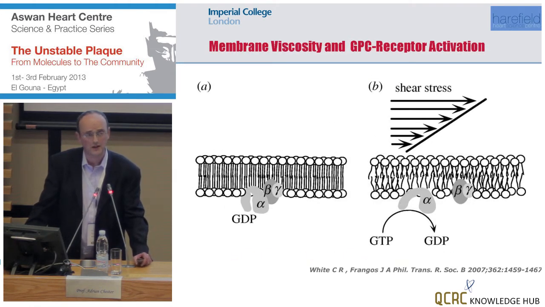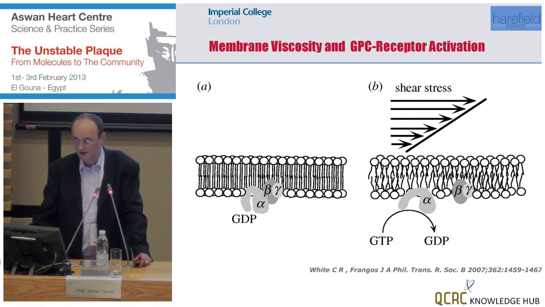Indeed, there are a number of potential different signaling mechanisms rather than just tension changes. We can also see again the changes in membrane fluidity caused by shear stress, as described in the earlier study with the fluorescent probe. And it's also been shown that just this change in membrane fluidity allows activation of G protein coupled receptors.